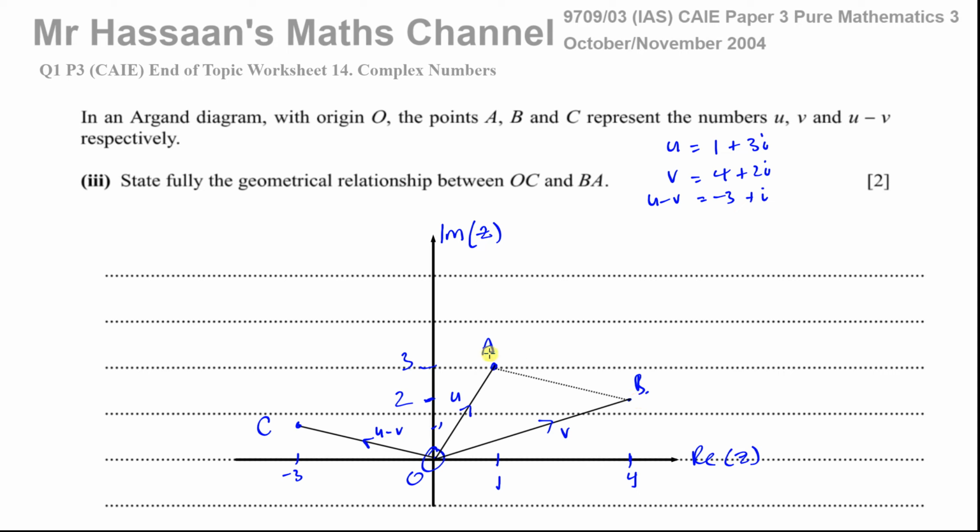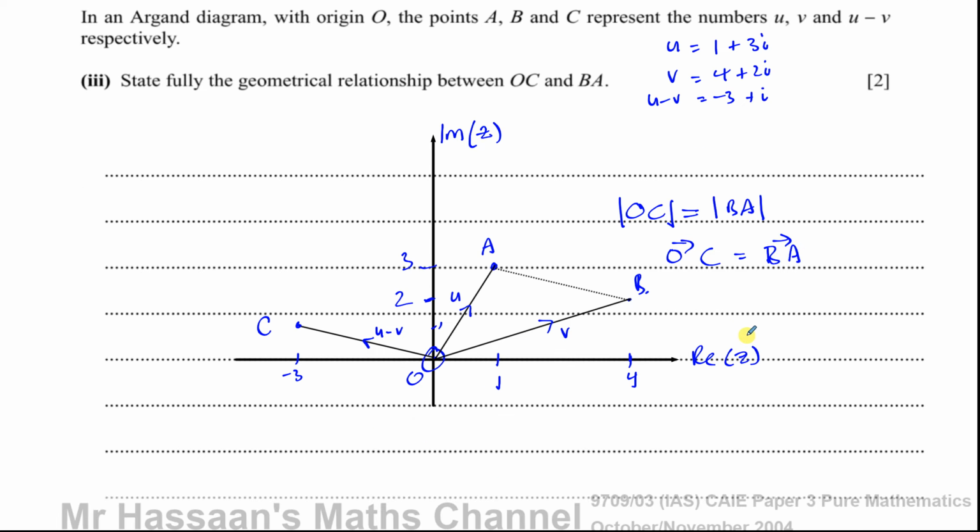So B to A, the magnitude of OC is the same as the magnitude of BA. And we can also say that the vector O to C is the same as the vector B to A. So we can say that they are parallel.